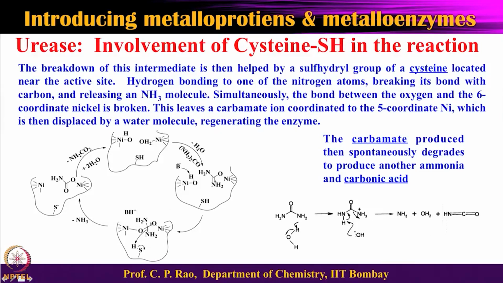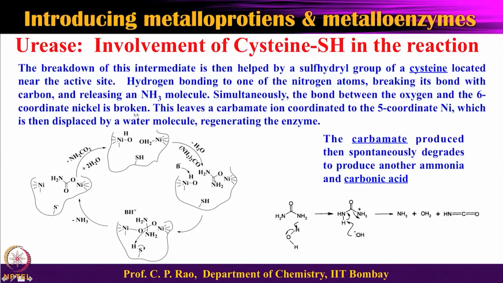So, for the intermediate that you have here, there is the nucleophilic attack of the nickel hydroxide, and the protonation comes from the thiol function, which is involved in the proton transfer, and then that will leave the ammonia and goes back in the same manner as the other case.